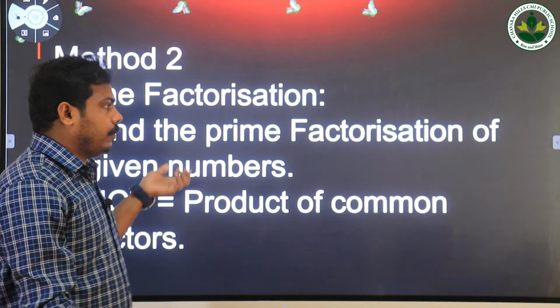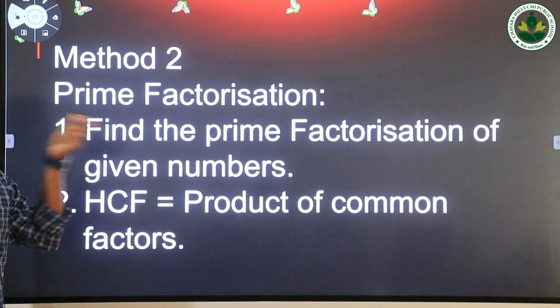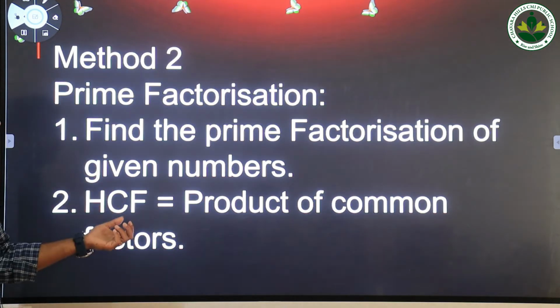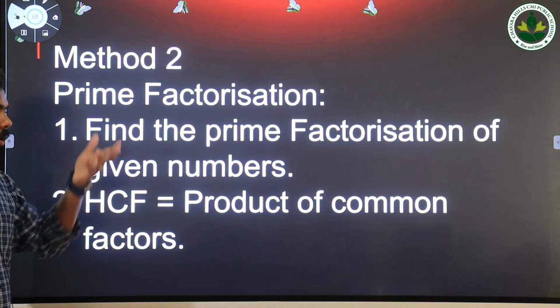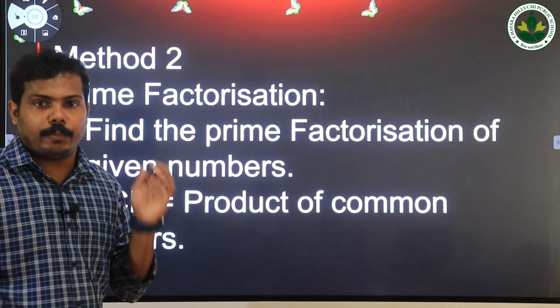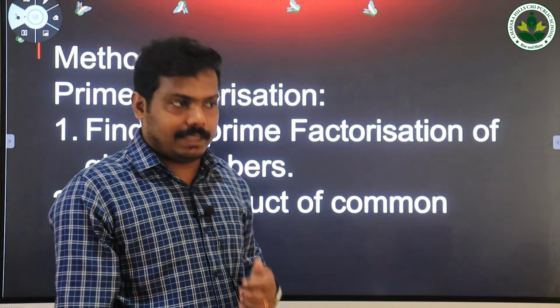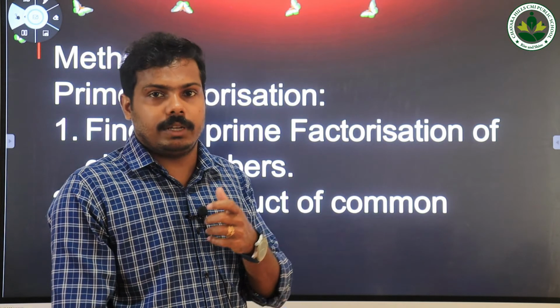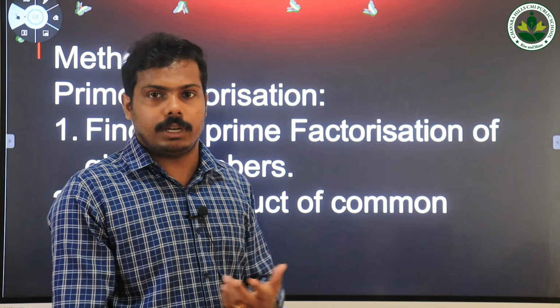So first we find the prime factorization of the numbers. Then the second step is the product of the common factors. Out of those prime numbers, take the common factors from the two numbers and find the product.